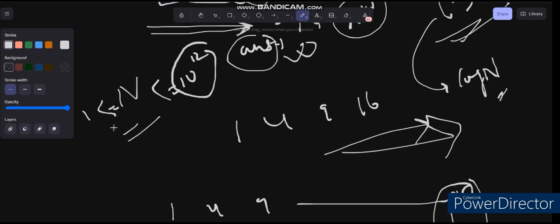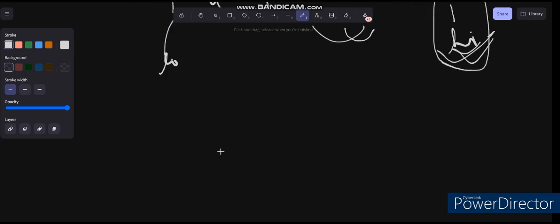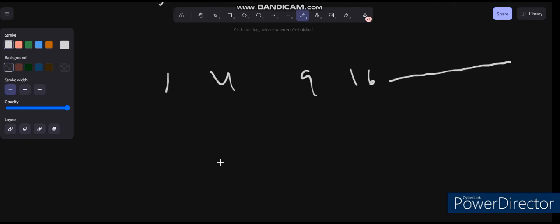Here it's given n is from 1 to 10 to the power 12. Let's write the energy array: 1, 4, and so on. The total energy needed is 1 plus 4 plus 9 plus 16.